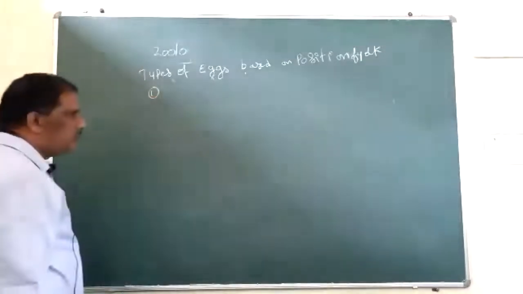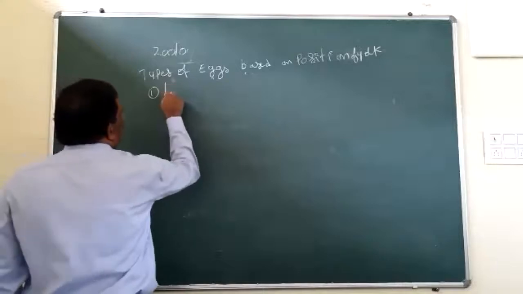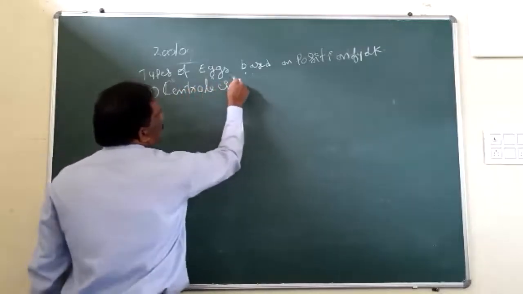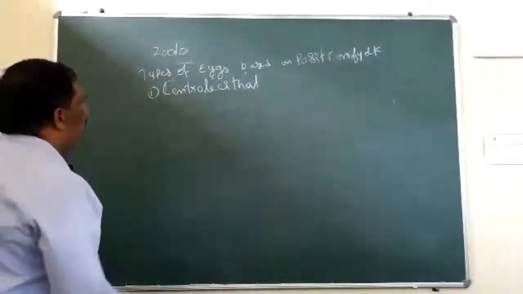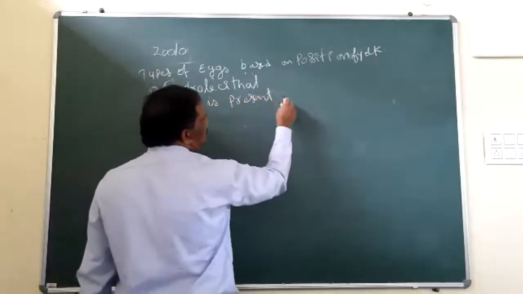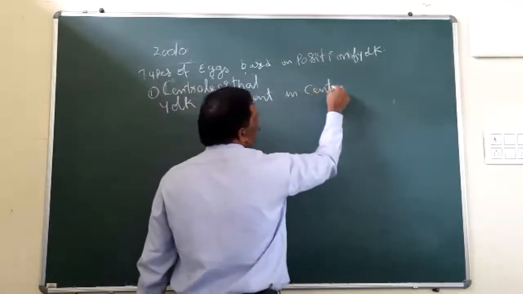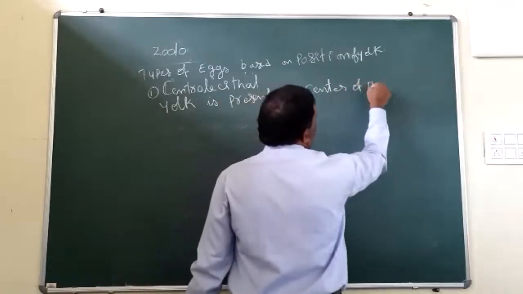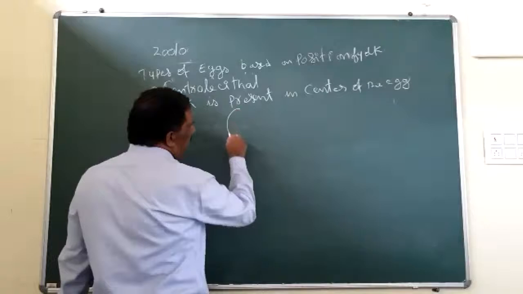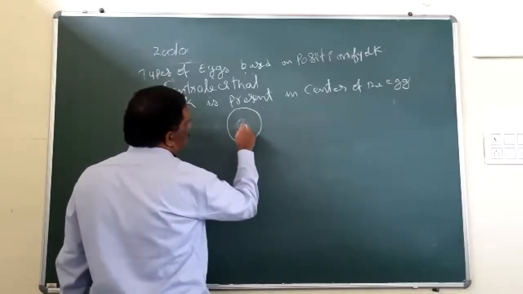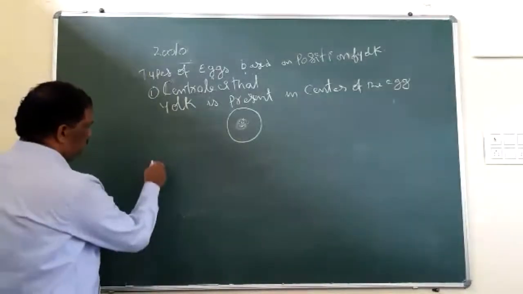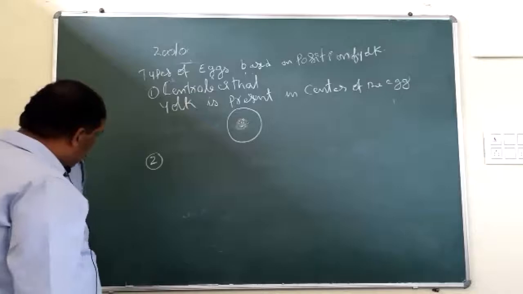One is centrolecithal, which means the yolk is present in the center of the egg.